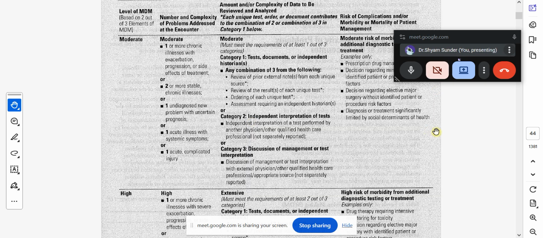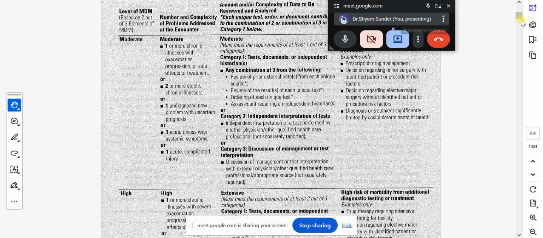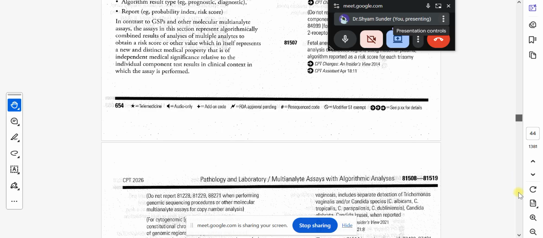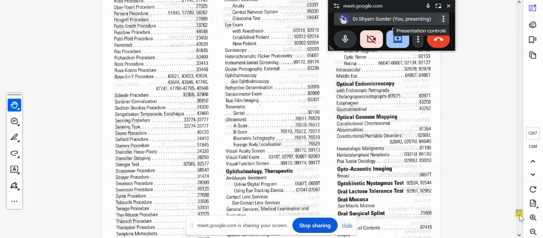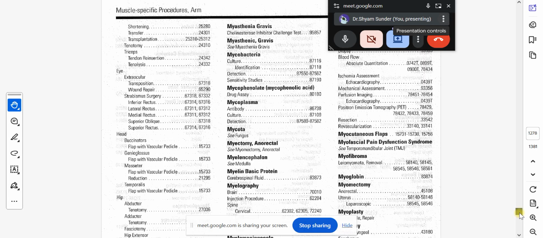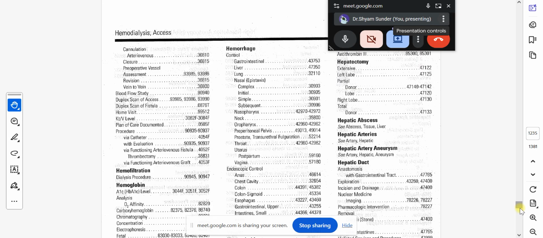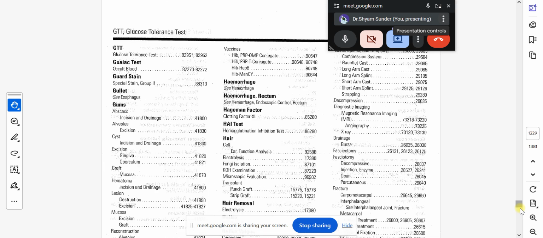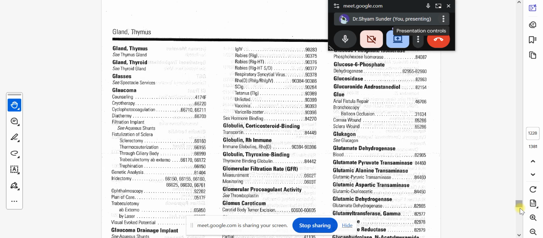But if you still want to go through the index, for example, if you're totally blank, what do you have to do? Your main term is evaluation and management. Practically it is not possible without knowing the introduction, because you don't reach the point of assigning a code.